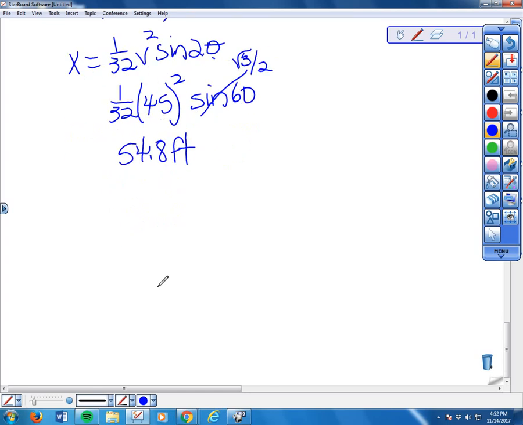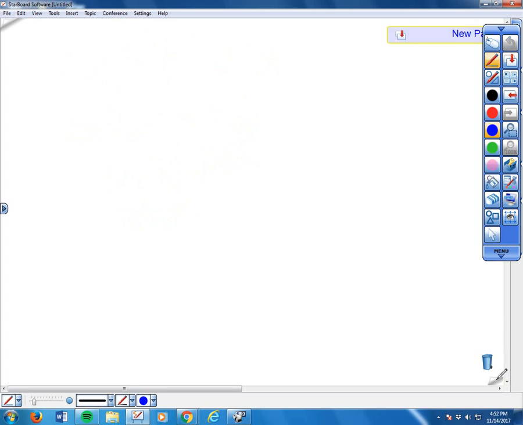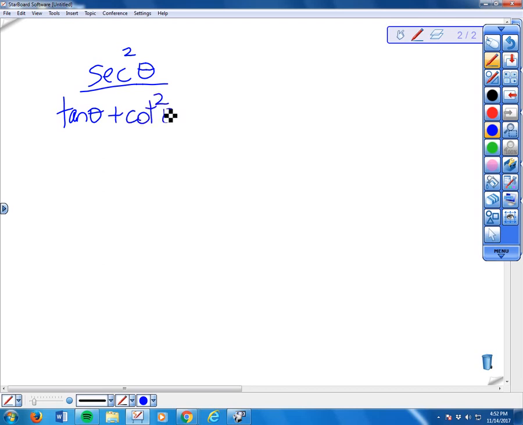Number 10. Find an expression equivalent to secant squared over tangent theta plus cotangent squared theta times tangent theta. I'm going to go ahead and get everything in terms of sine and cosine.